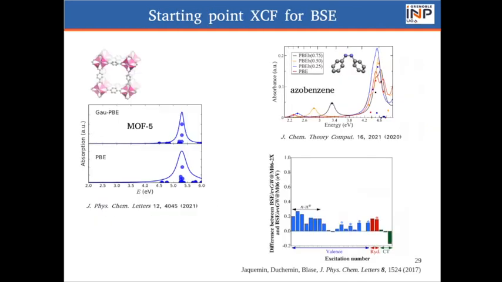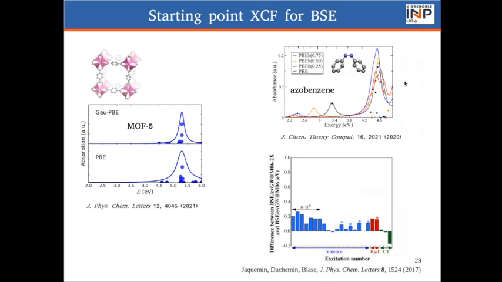So now this is a kind of ongoing work. The idea was to understand a little bit why in certain cases we have excitations that depend a lot on the starting point functional, and in other cases they don't.